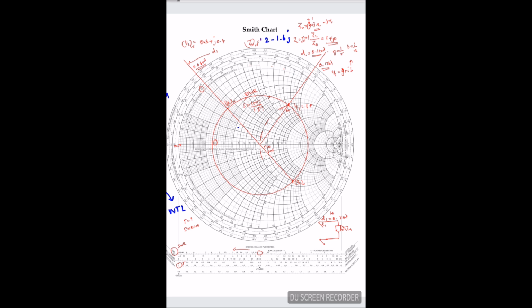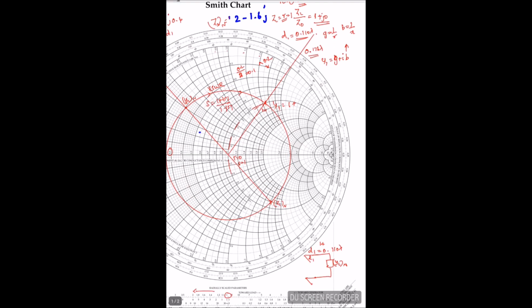Closely, the difference between these two is 0.2, so each division is 0.1. So this is 1.5, the middle one, and this point is not exactly at 1.5, it is a little less than 1.5. So if you approximate it, we get y1 as 1 plus 1.47j. Okay, so this is my admittance on this point.